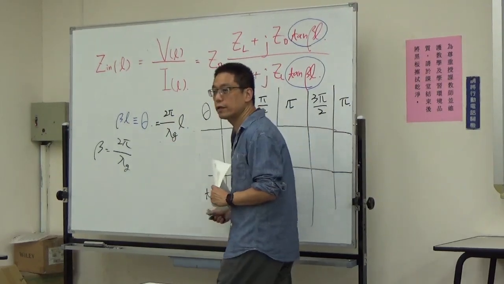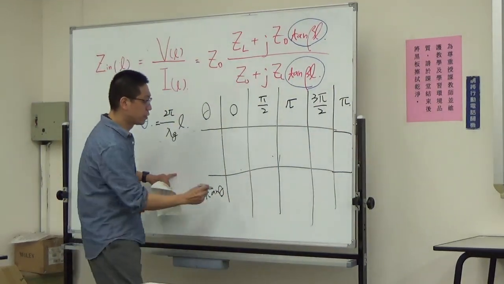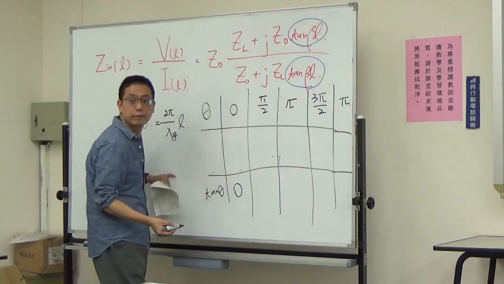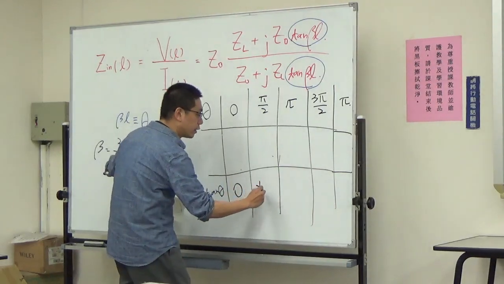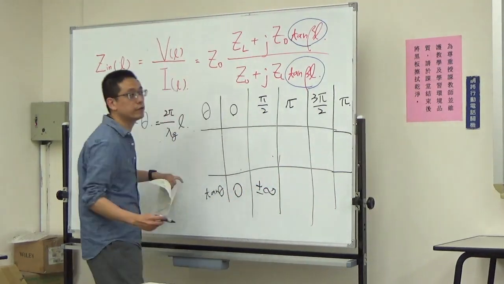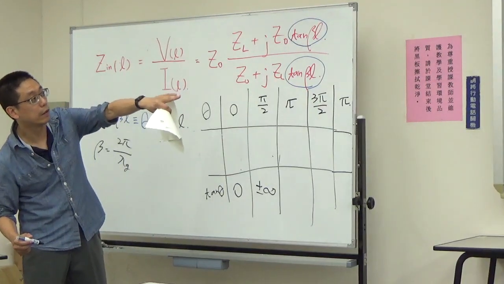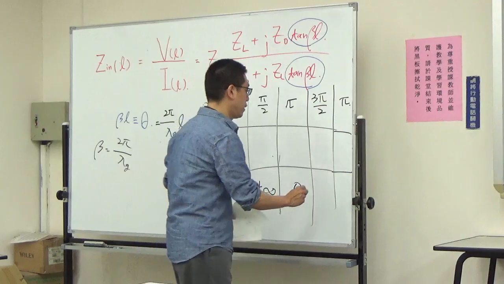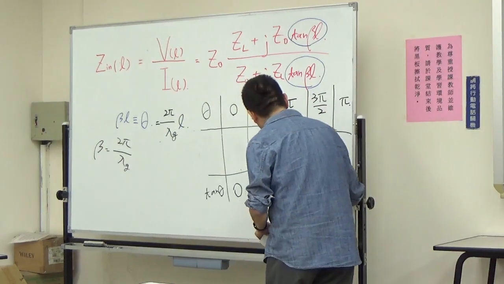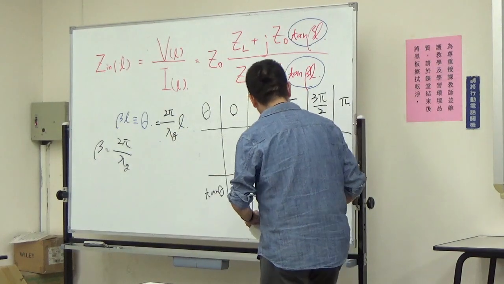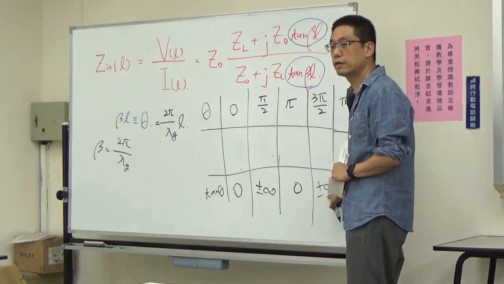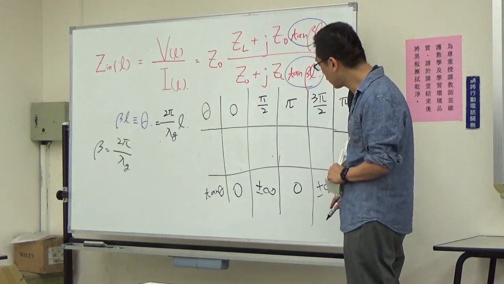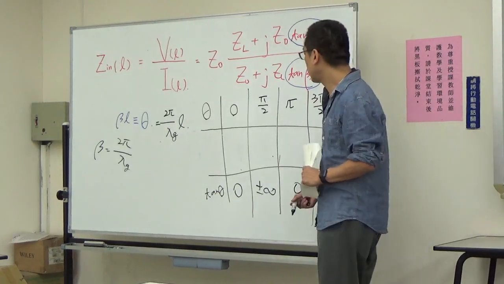So tangent theta is 0, positive, negative, infinite, and also it is 0 again, and positive and negative, infinite, and 0 again, right?